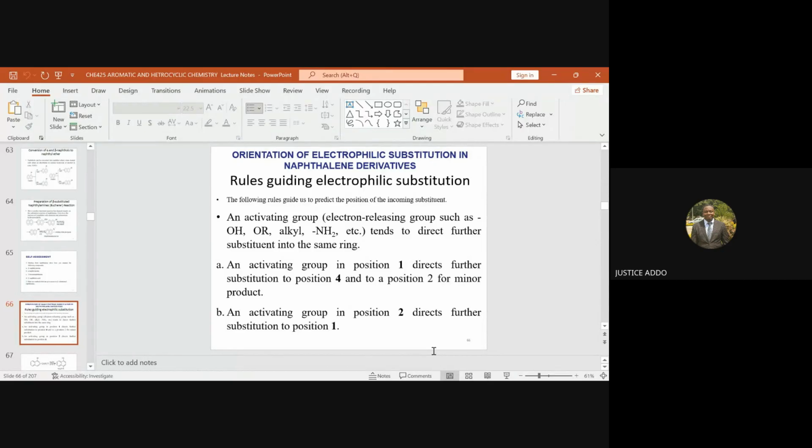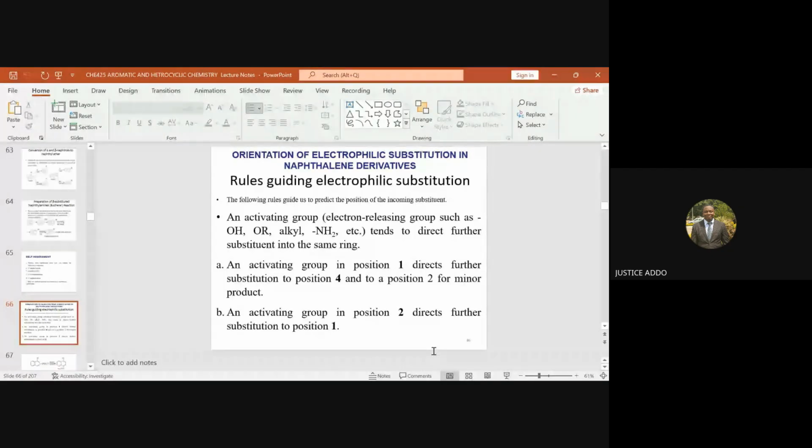So yesterday we did look at reactions of naphthalene, and we indicated that position 1, which is the alpha position, is the most preferred site where an incoming group will go, because that is what will give us the most stable product, because of the most stable intermediate carbonium ion.